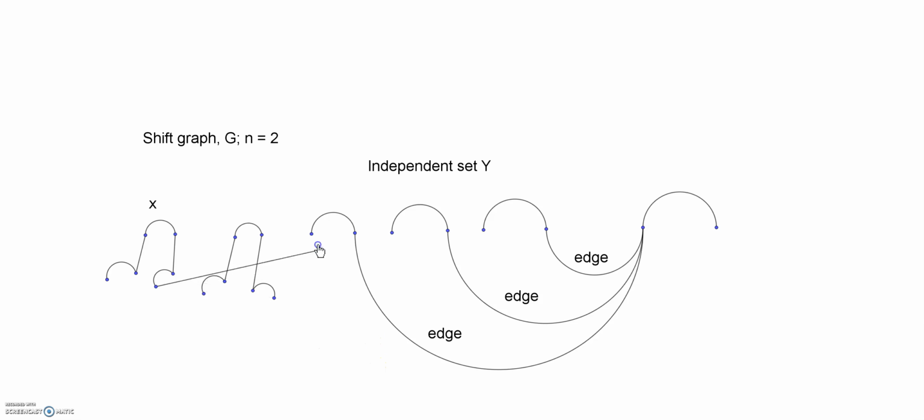This will be connected over here, and then this one will be connected over here. So we have each independent vertex in the independent set Y being connected to each vertex in the neighborhood of X. And so actually I'm going to delete one of these edges because I only want to focus on one.